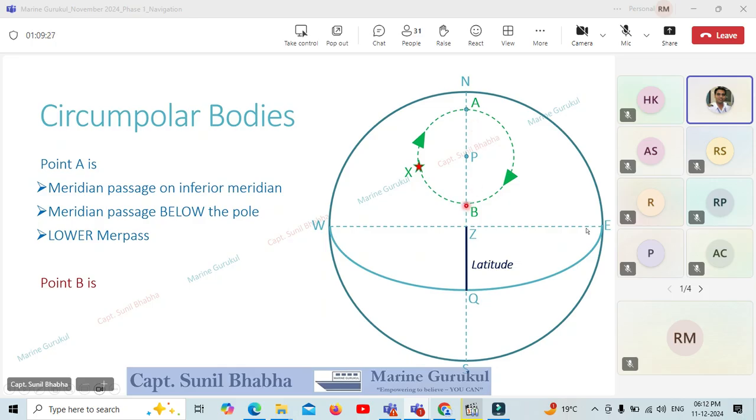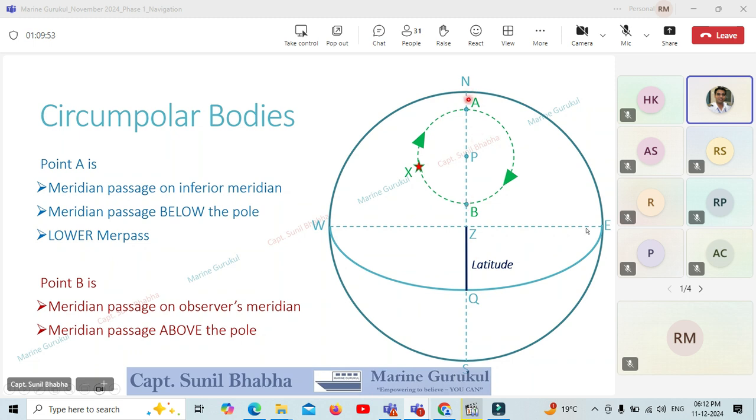At the same time, the point B which you see is known as the meridian passage on the observer's meridian. It is also called meridian passage above the pole, because at this point the altitude of the body is represented by NB, November Bravo.